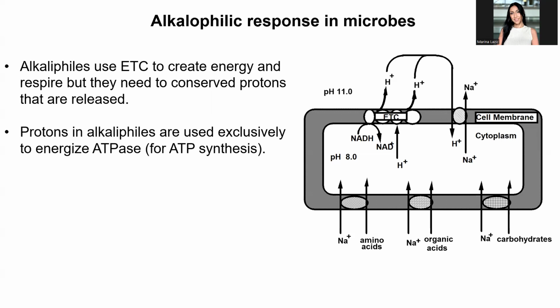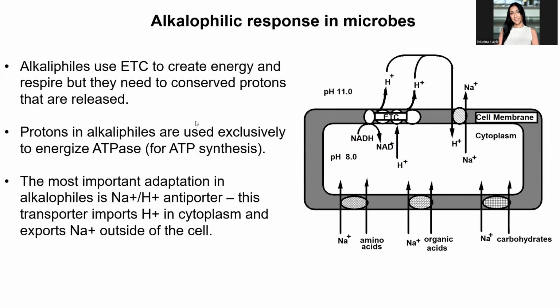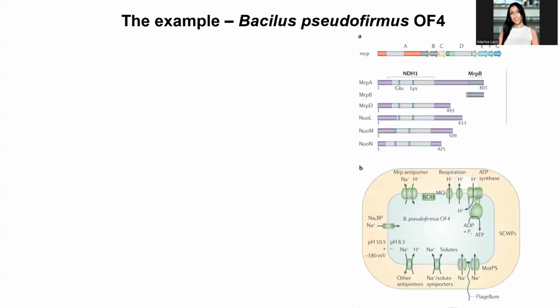That enzyme in the electron transport chain actually relies on protons, but all other transporters rely exclusively on sodium. So the most important adaptation in alkaliphiles is the sodium hydrogen antiporter. And you can imagine logically, it is importing protons and exporting sodium outside of the cell. As I said, very easy.